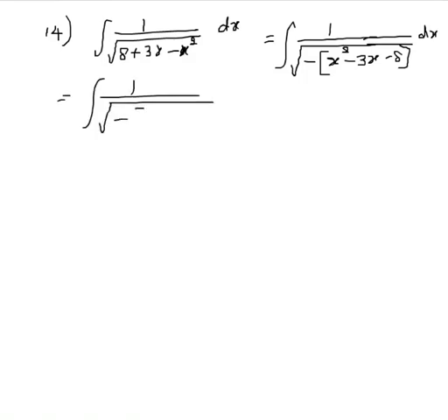Now let us complete the squares. Minus of a term is x, 2ab term is negative, minus divide the coefficient of x by 2. So 3 by 2. This is our b term. Whole square, and we have to always do minus b square term, which is minus 9 by 4 and minus 8, dx.